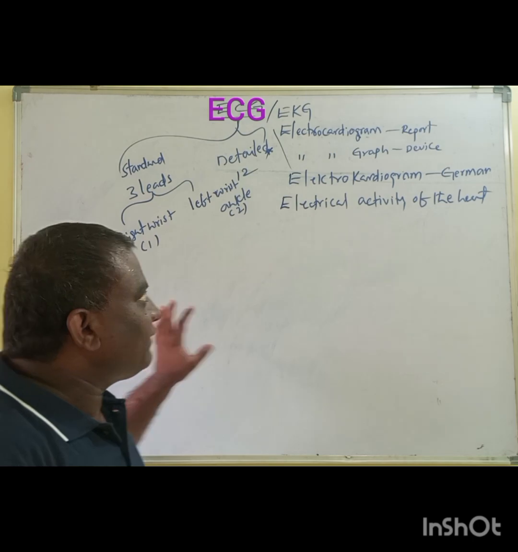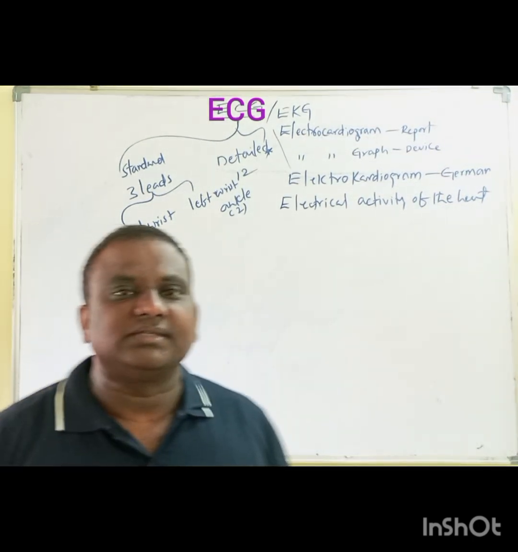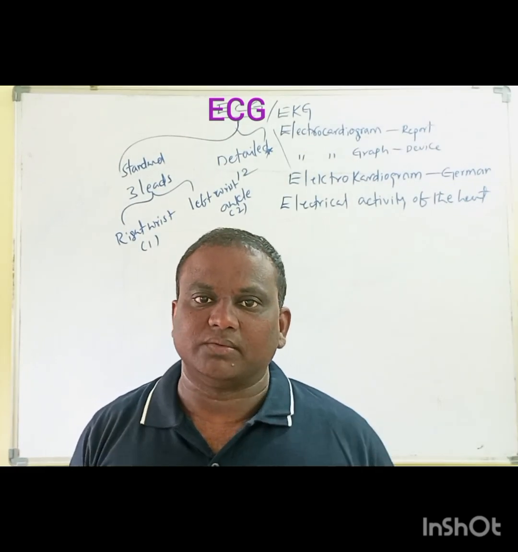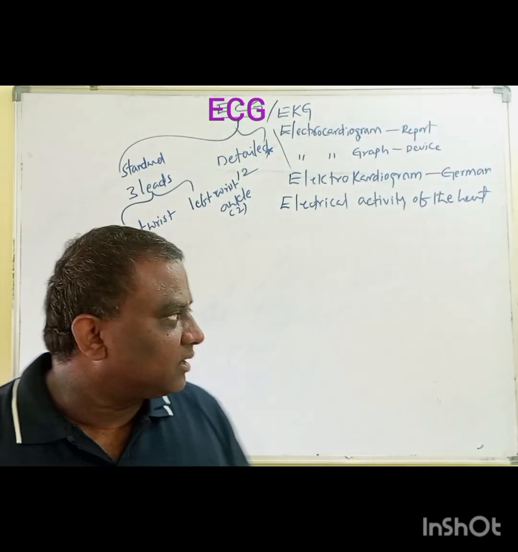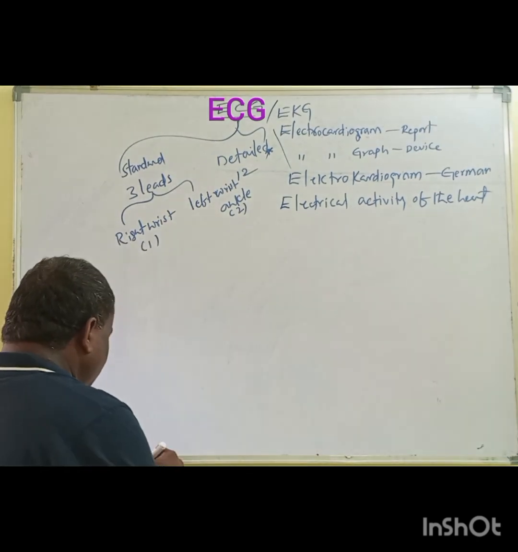When it comes to the graphical representation of this ECG, we can see some elevations and some depressions in the waves. So there are 5 waves very commonly seen in the ECG.